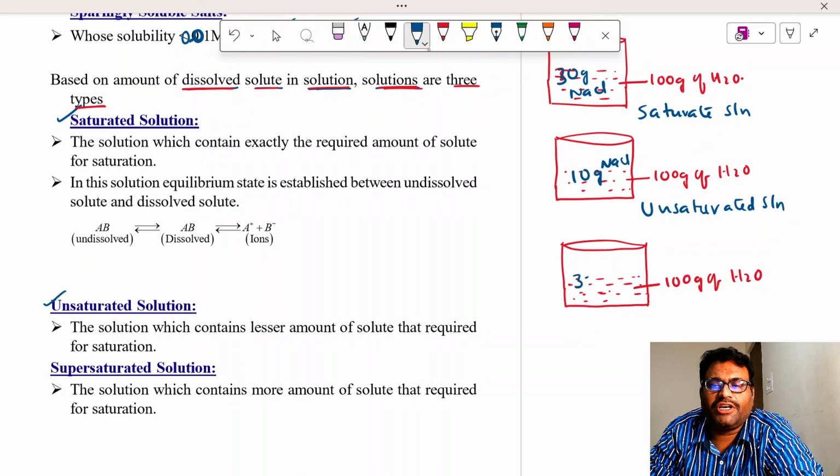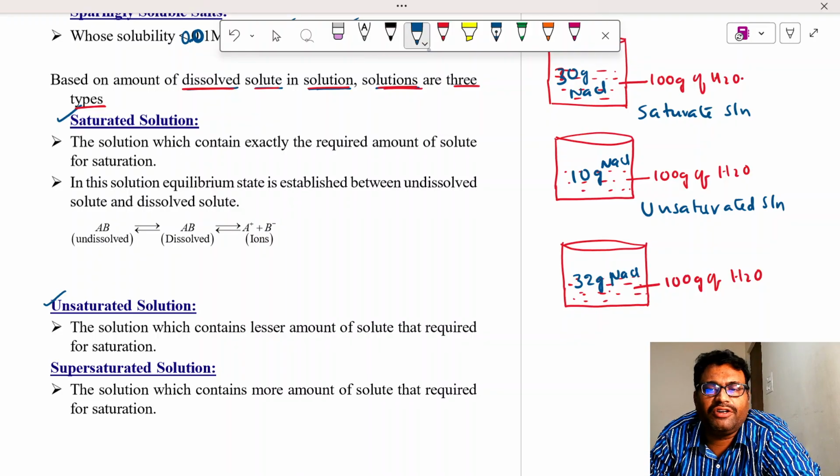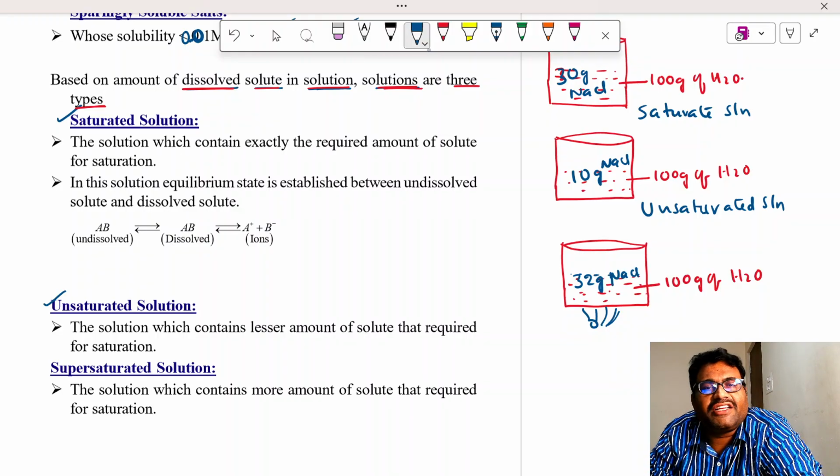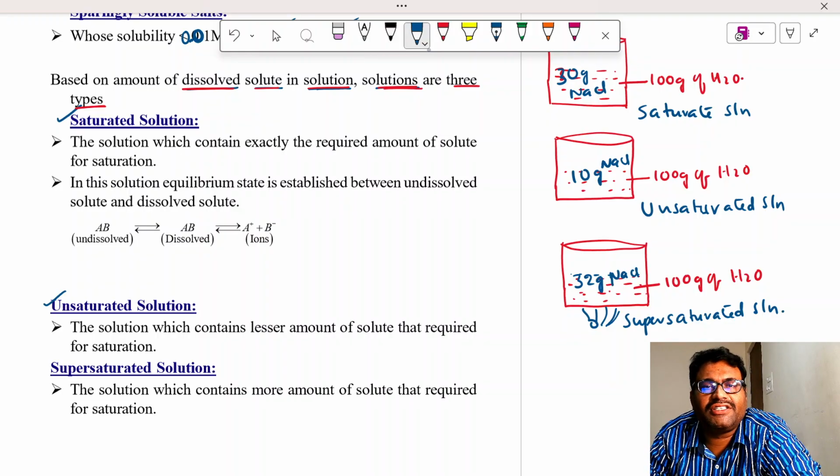I dissolved some 32 grams of NaCl. Initially 30 grams dissolved, 2 grams did not dissolve. But when I heated it, the extra 2 grams also dissolved. So such a solution is called what? Supersaturated solution. Did you understand?